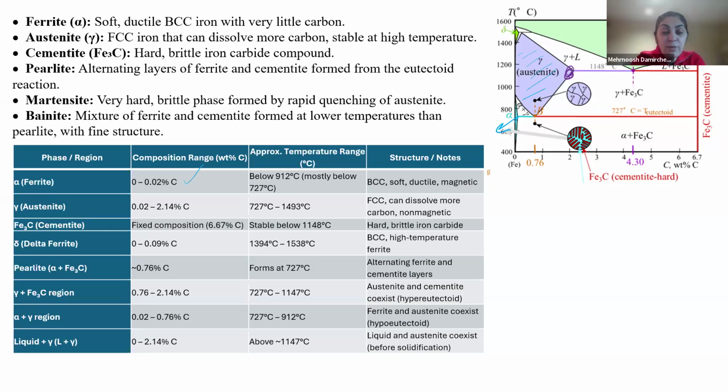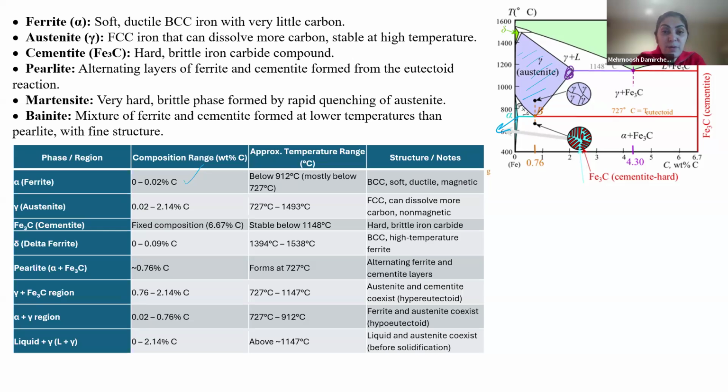And the range of carbon 2.14 is FCC, and the range of temperature 727 up to 1493, and it can dissolve more carbon, and it is non-magnetic. You see other phases, for example, this vertical line that is cementite, we talk about that, delta or delta ferrite. You see the range of the composition, weight percent of the carbon, temperatures, and at the last column, you see the property.